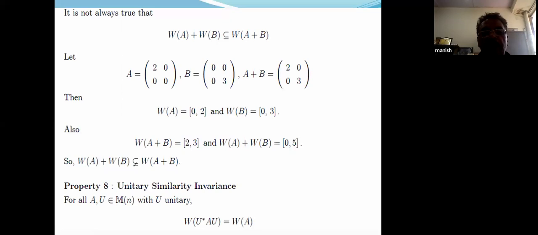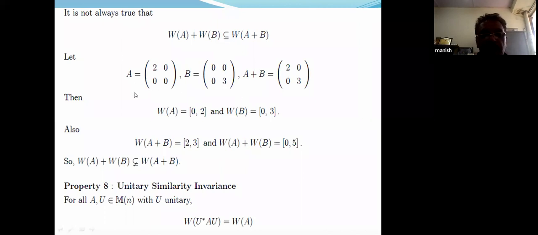On the other hand, the numerical range of A plus the numerical range of B is not always contained in the numerical range of A plus B. We take this example: A is 2, 0, 0, 0, B is this matrix, and A plus B is this matrix.